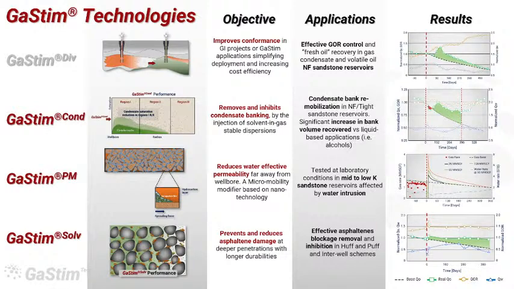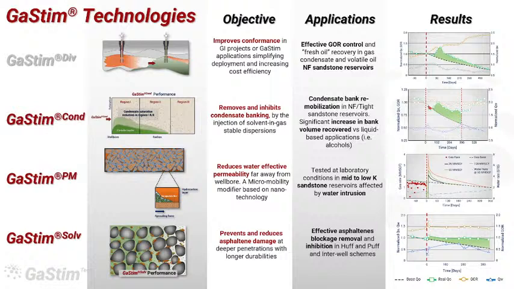In our previous webinar, we discussed the GaStim DF, which is our foam treatment aimed at improving conformance in gas injection projects. As we discussed there, we introduce the foaming agent directly into the gas stream so we can generate the foams directly into the reservoir.